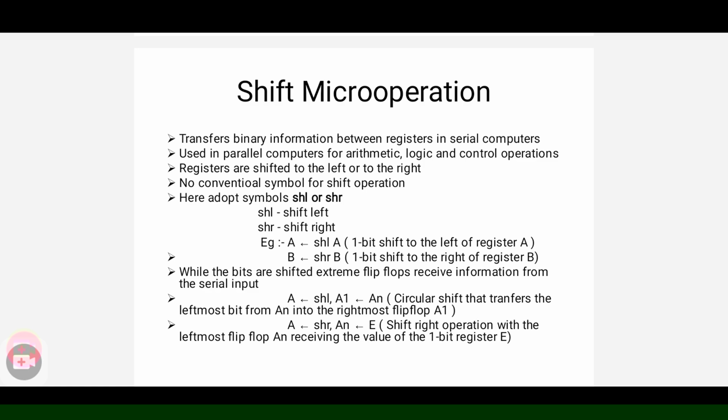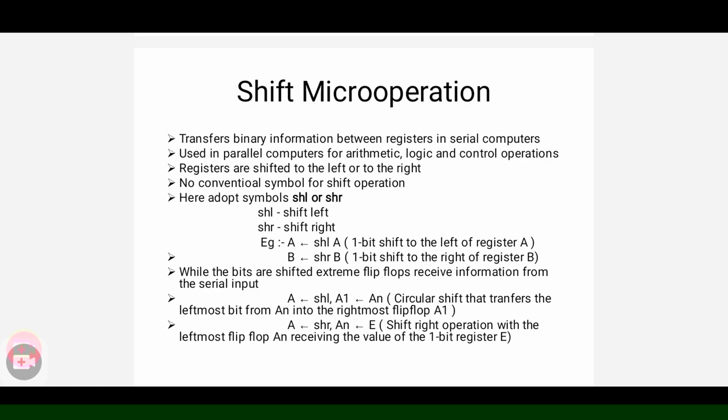Registers are shifted left or right. They are known as shift left micro operation and shift right micro operation, that is SHL and SHR. Actually, it's a part of logic micro operations. SHL A means one bit is shifted to the left of register A, and SHR B means one bit is shifted to the right of register B.